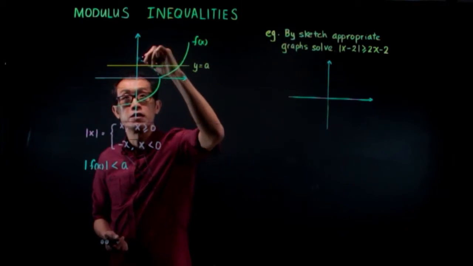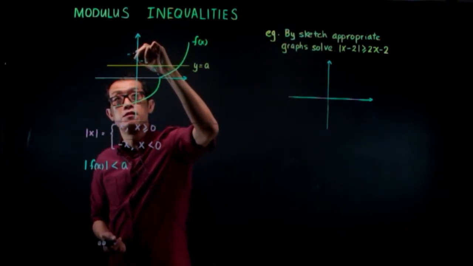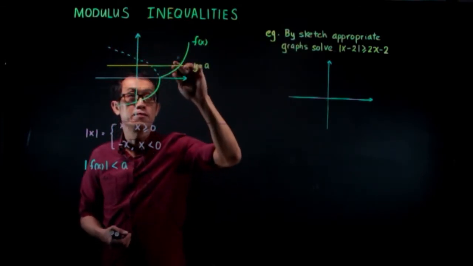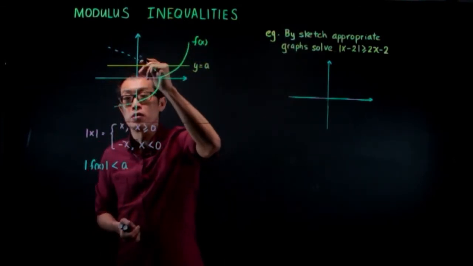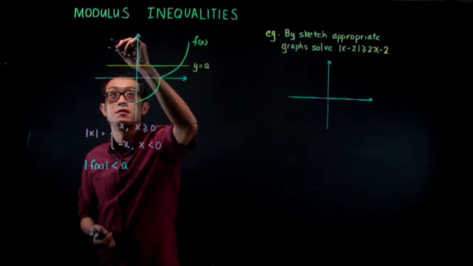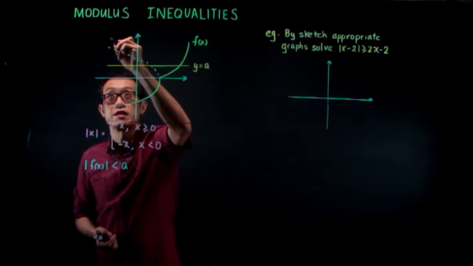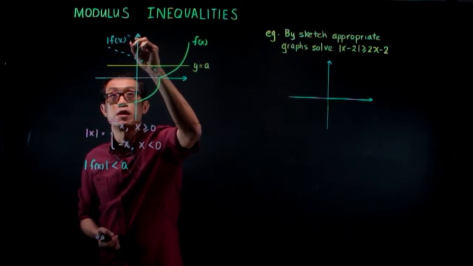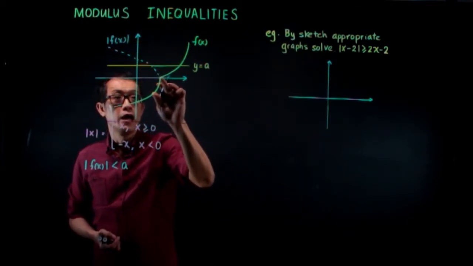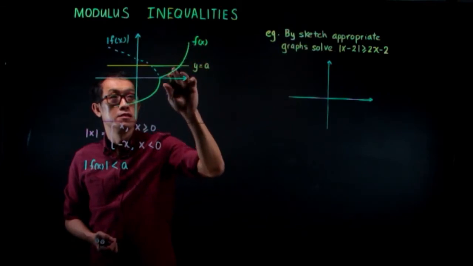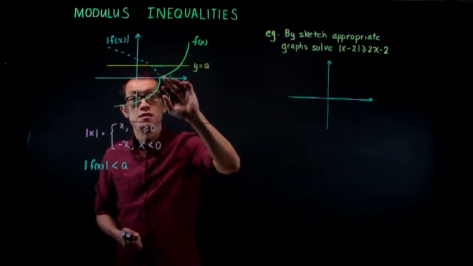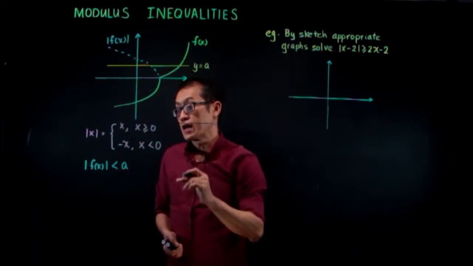I draw it in dotted. So this whole graph here is mod f of x. It's the blue dotted one, as well as the green one that is above the x-axis.